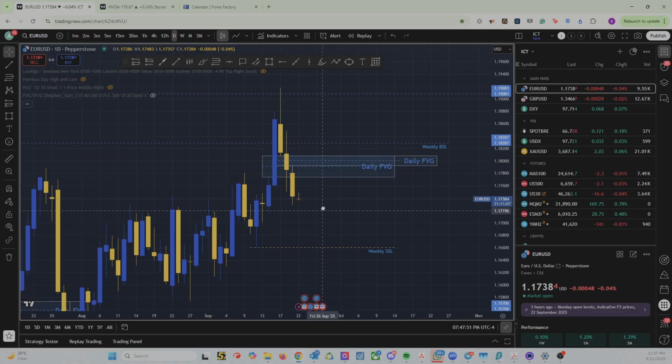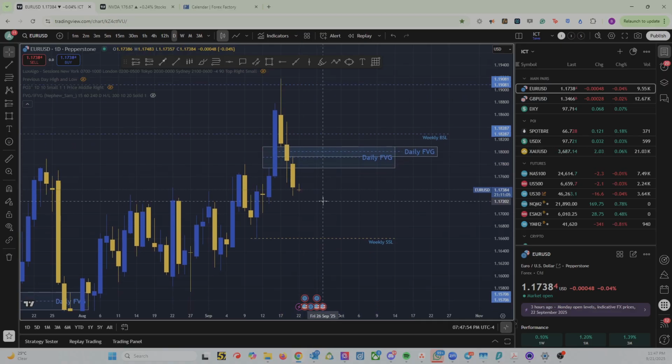So on Euro USD, what I'm looking to see is price head towards this downside, same as the XY, but price will most likely come up either to this level or to that level.